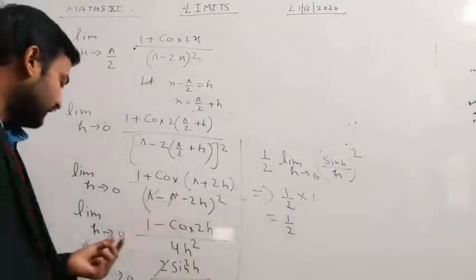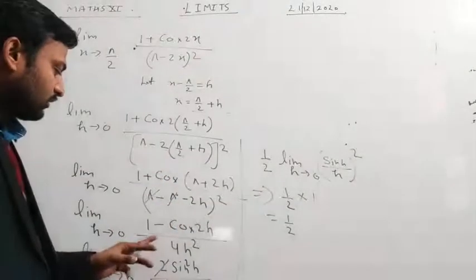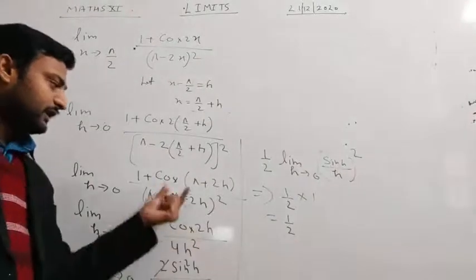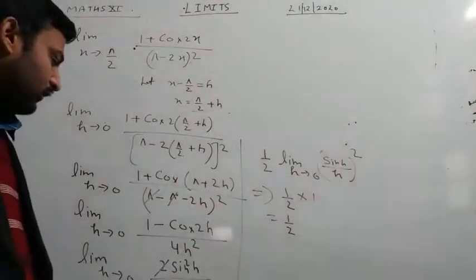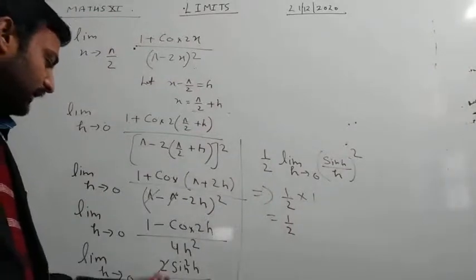Limit h tends to 0, 1 minus cos 2h, we get cos of pi plus theta is minus cos theta, over 4h square, and this will be cancelled.